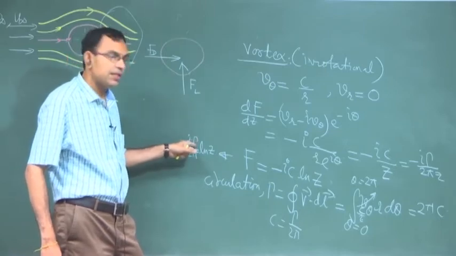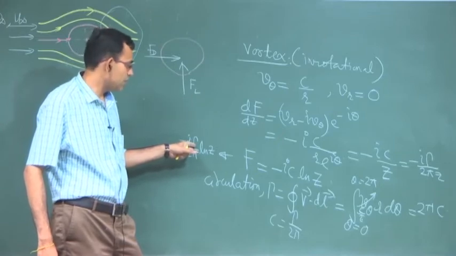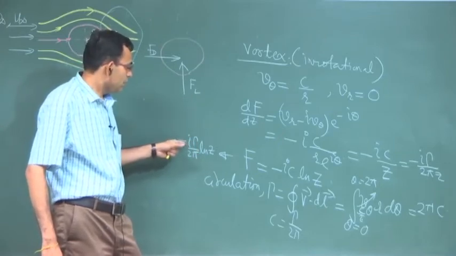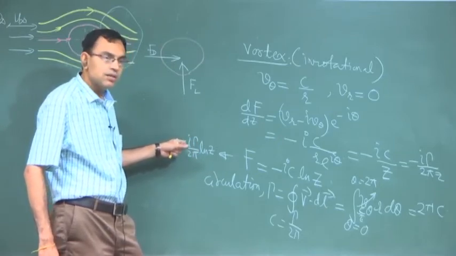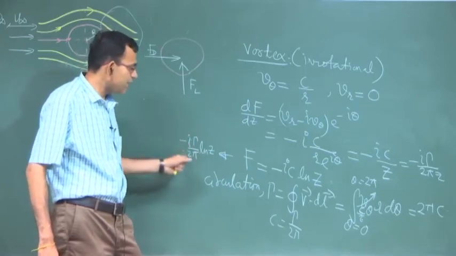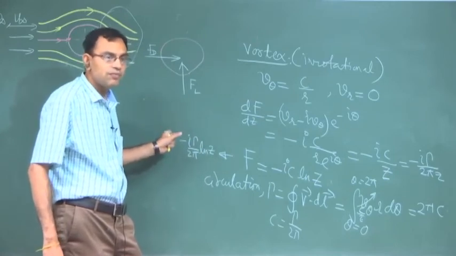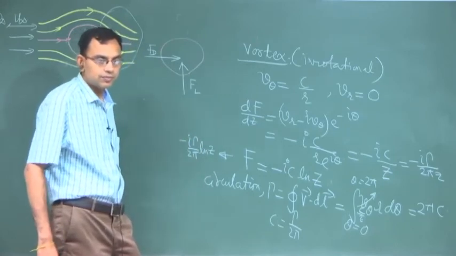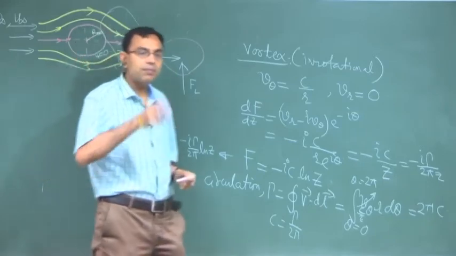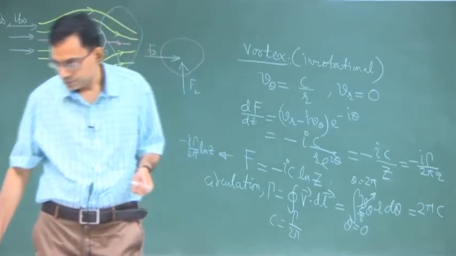When gamma is positive, it indicates clockwise rotation. Therefore, this minus sign, if it is negative it shows anti-clockwise rotation, and if it is positive it shows clockwise rotation. Okay. So, this we have to keep in mind because we have to physically interpret some of the results.